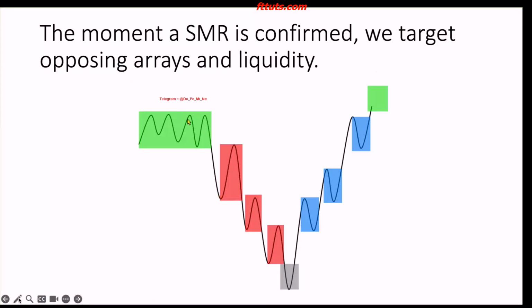As a beginner, as someone who is new or who has just started to learn about market maker models, what you can do is that you can draw a range with your Fibonacci tool from this high right here, the high of the original consolidation, to the low of the smart money reversal. Measure where 50% is at, where the range midpoint is at, and try to target that.